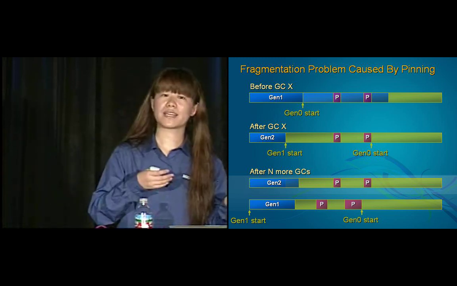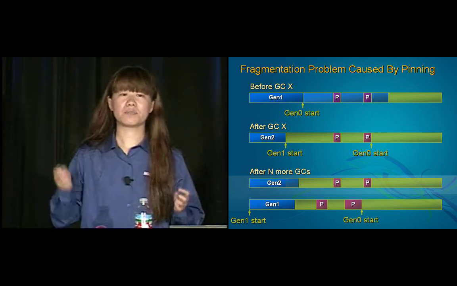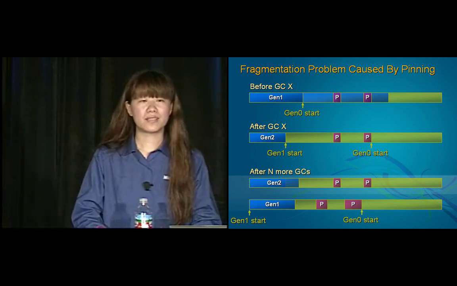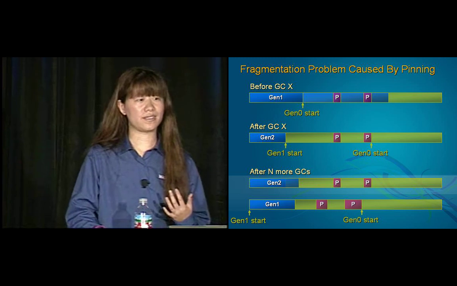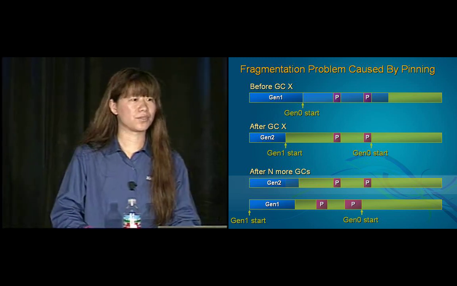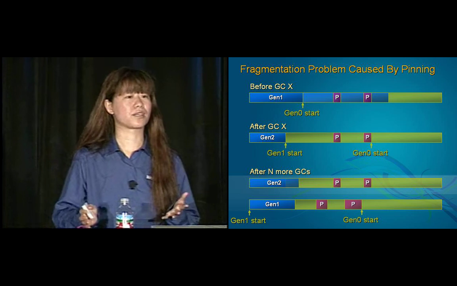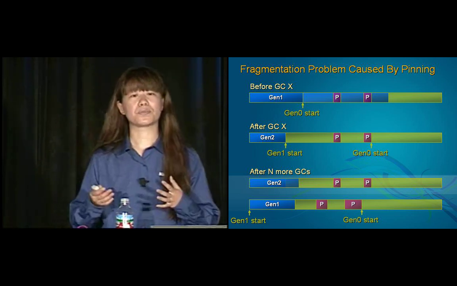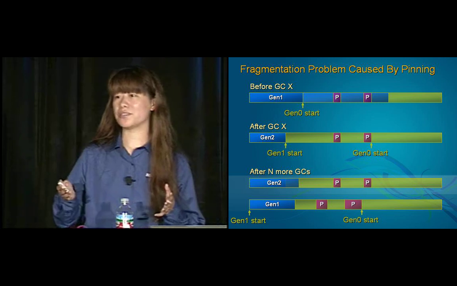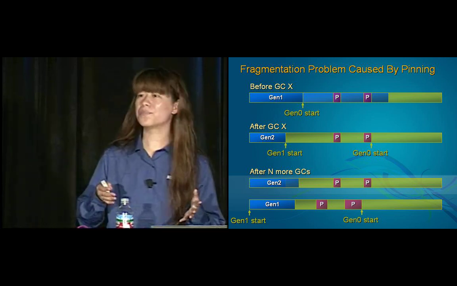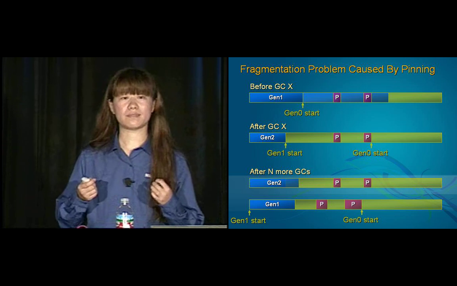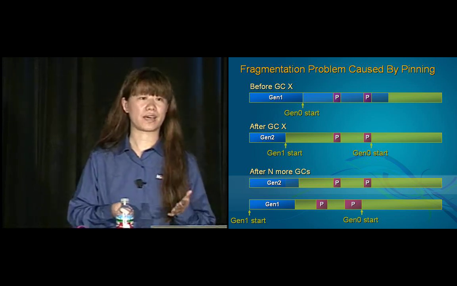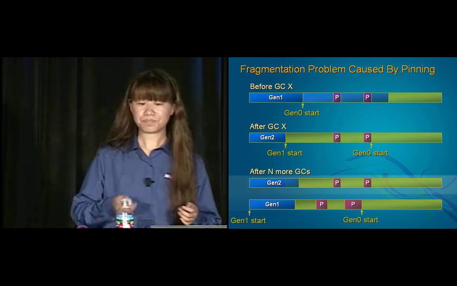So imagine the pins get accumulated and they keep triggering Gen 2 GCs and things were just not running well. When we turned off concurrent GC, they avoided that problem, and the application started to run fine. The reason I brought that up is if you're using 1.1 and for some reason it's not possible to try 2.0, and if you observe the pinning fragmentation problem, you may want to turn off concurrent GC and see if that solves your problem or not.